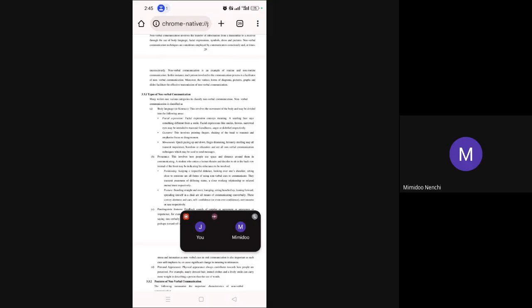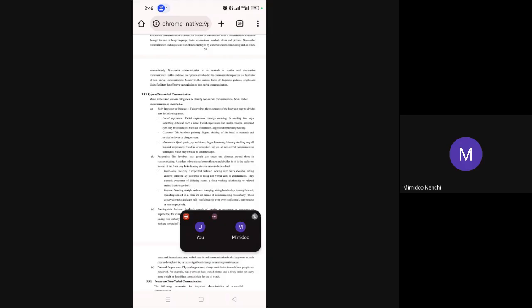So when there is movement, the movement of your body sometimes also delivers a message. Are we together? That's for body language.